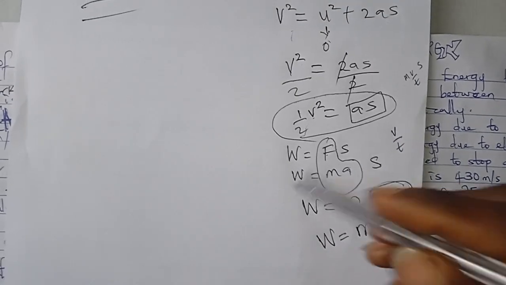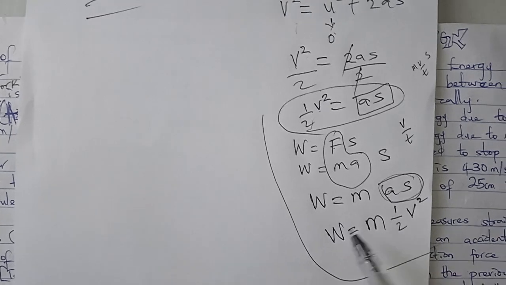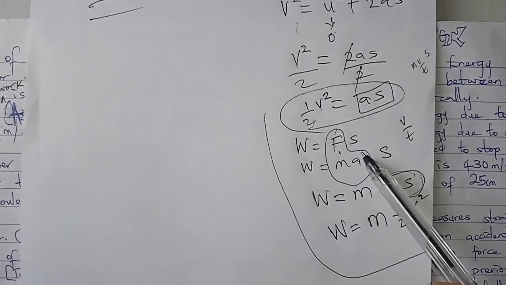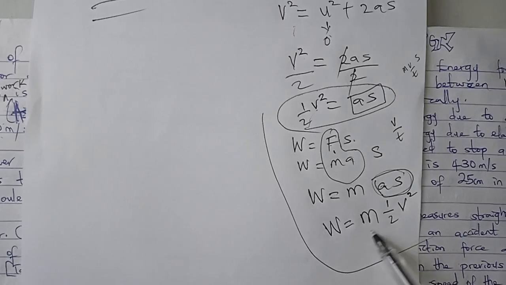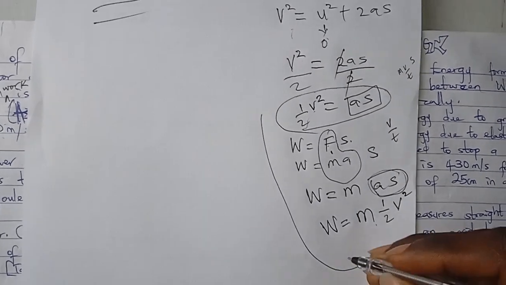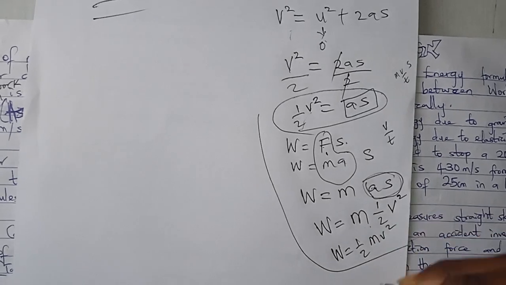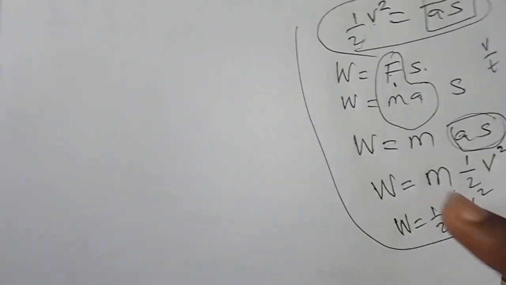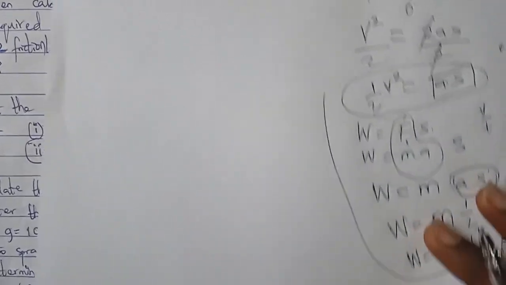So whichever way you want to put it, you will see that from force and displacement, you are able to get the same value. And you know that this is the same thing as saying W is equal to, bring the half one side, mv square. So this is how you get your kinetic energy. So you can see that work is equal to kinetic energy.